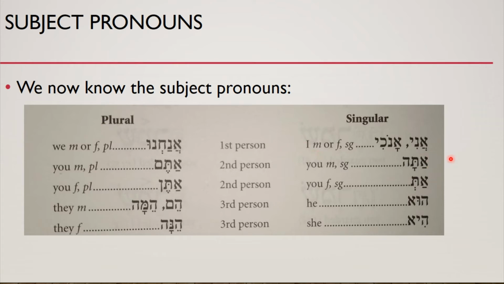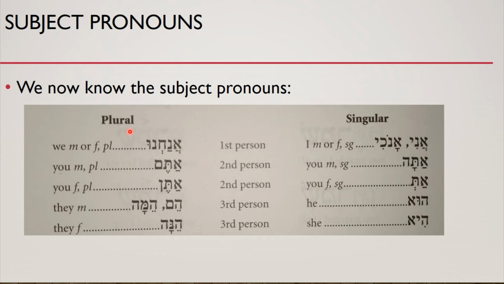So first person common singular is ani or anochi. Second person masculine singular ata. Second person feminine at. Third person masculine hu. Third person feminine he. And again, these are all going to be familiar because by the time you get to this chapter, you know all the subject pronouns.